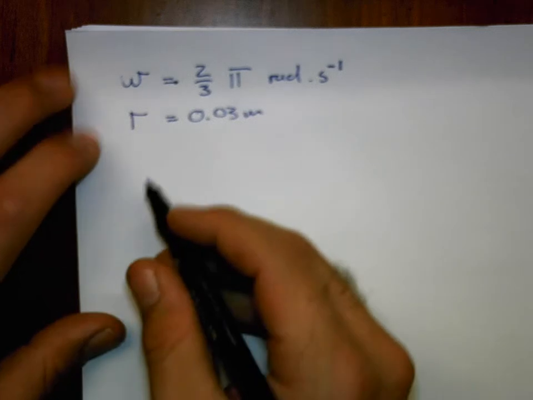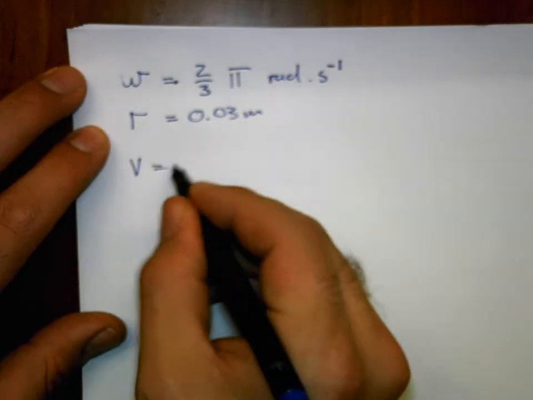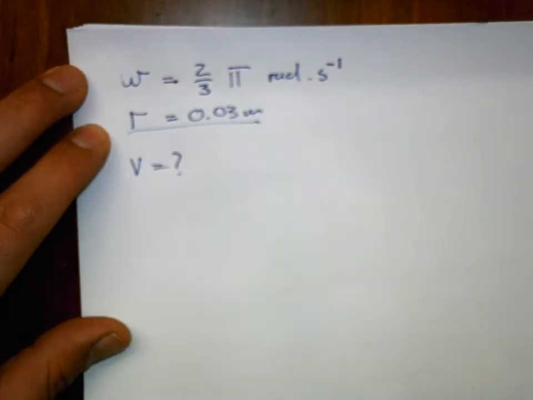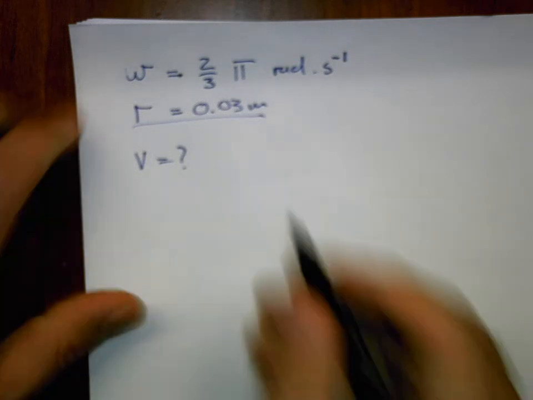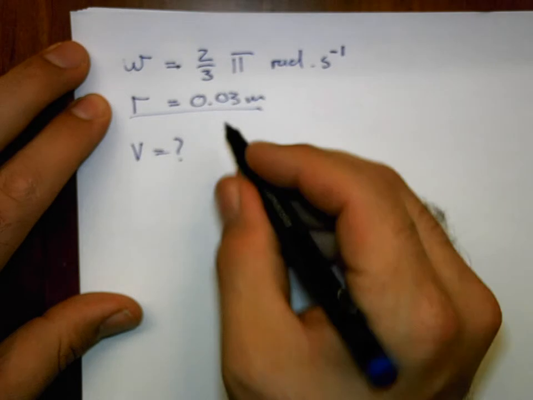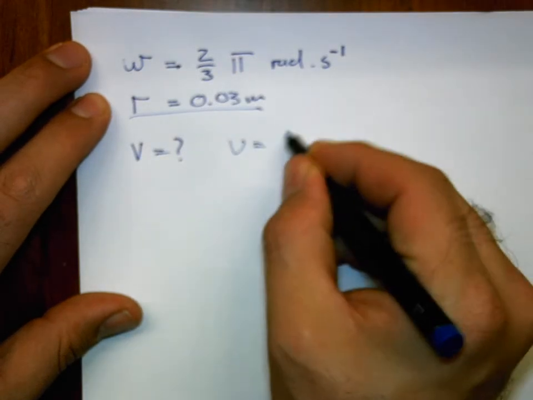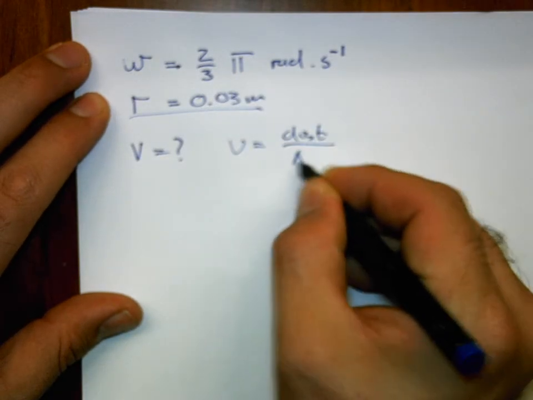What would be the speed of that point that is so far from the center? So we now want to move back to, we know it has to cover a certain distance in a certain amount of time. So v is always equal to the distance traveled divided by the time taken.